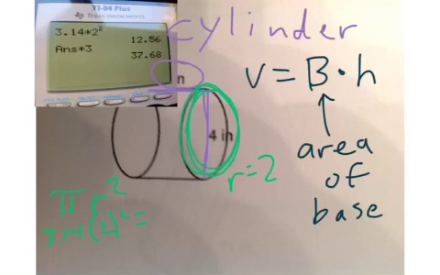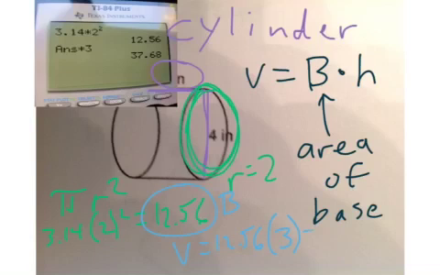Okay, as you can see in the top left corner, I've already done the calculations, and 3.14 times 2 squared equals 12.56. Now, knowing that the area of the base, remember this is big B, is 12.56, the volume is simply 12.56 big B times the height, which we were given is 3, right?